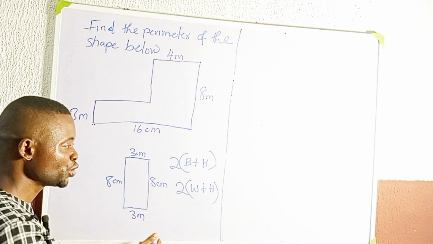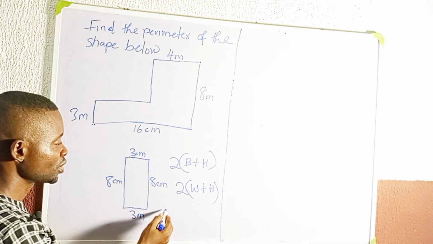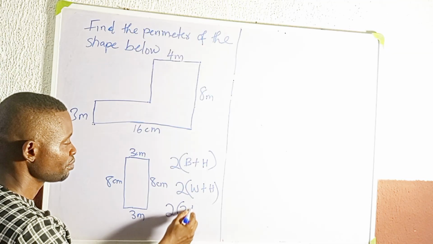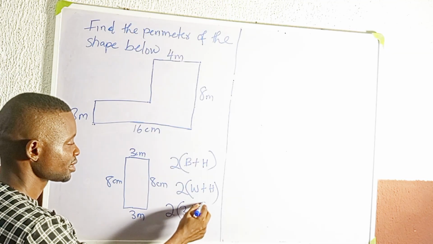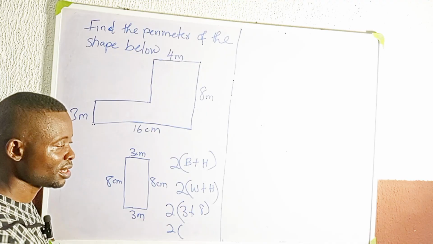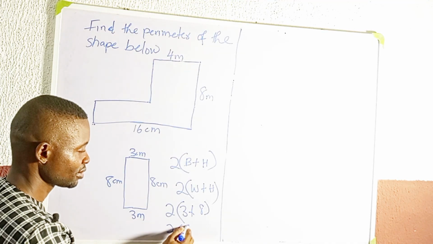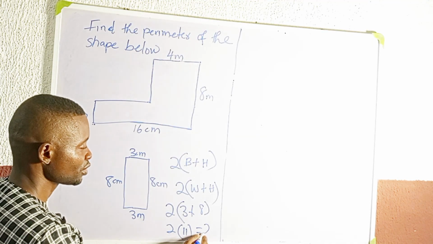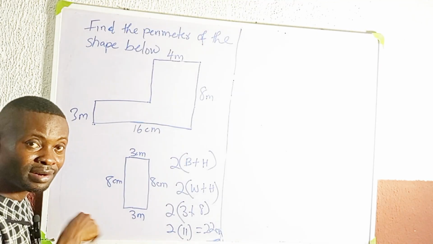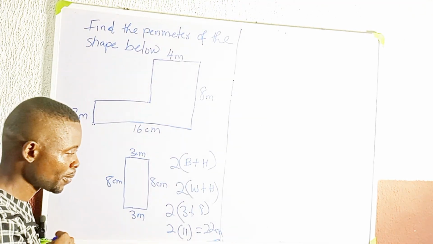So whichever name you choose, this is the formula. That means that in this case, the width is 3 plus the height, which is 8. 2 times 3 plus 8 is 11. 2 times 11 gives us 22. So we get the same answer by just adding around the object.